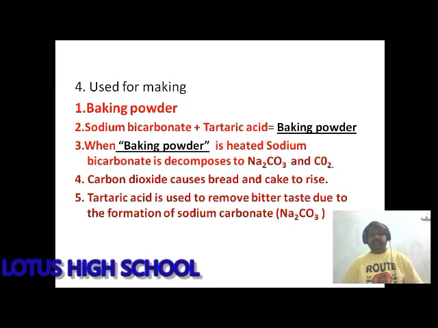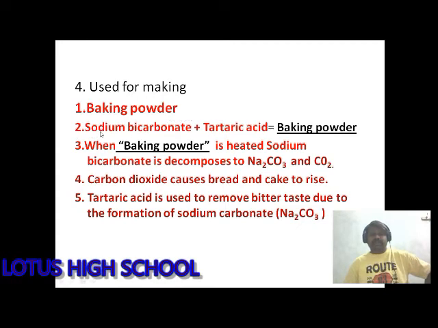Baking powder is different from baking soda. Baking soda is useful for making baking powder. Are you following or not? Baking powder is different from baking soda.